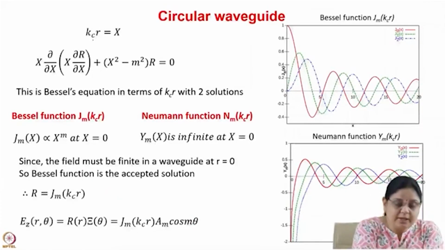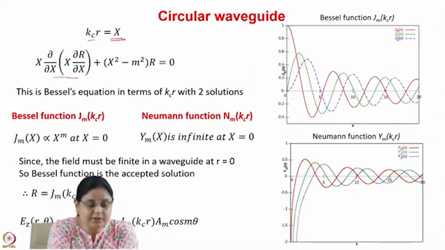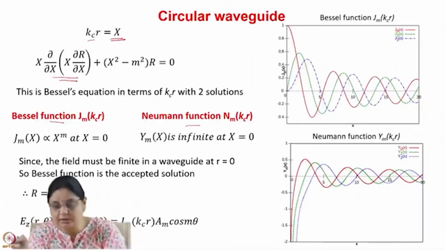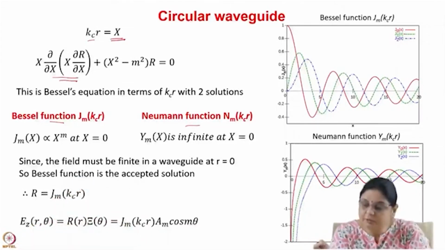Now let's denote kc r with capital X. So we can write this expression in terms of X. As I said, this is the Bessel's equation in terms of X or kc r, and it has two solutions, the Bessel function and the Neumann function. I plotted it here. Bessel functions are of various orders.